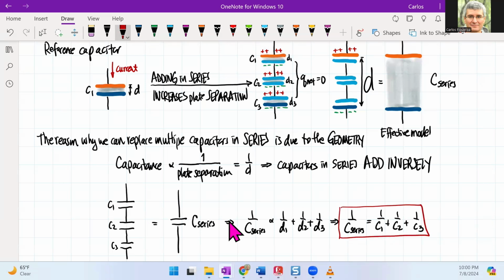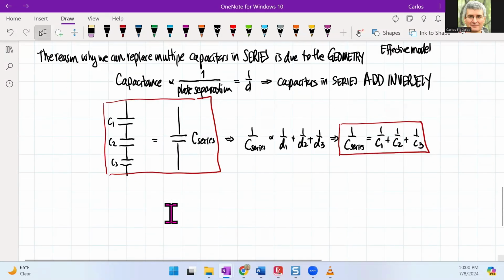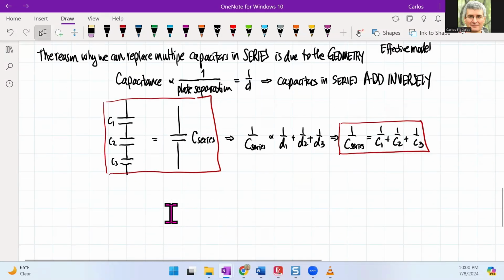So these guys add inversely, not directly. And once again, it depends on the geometry.